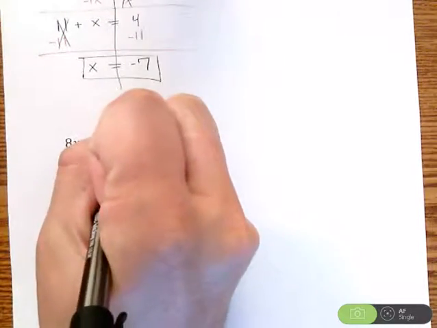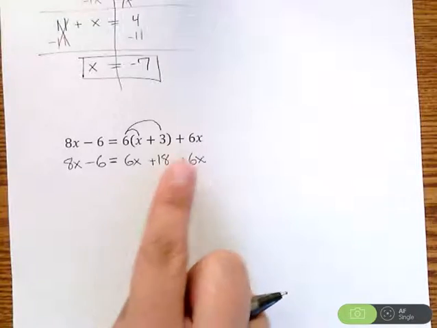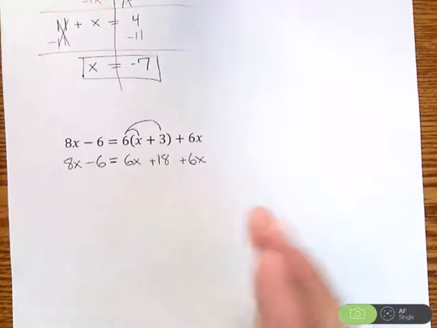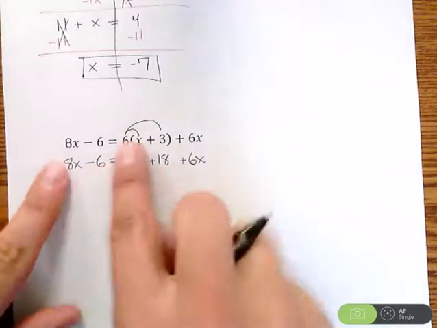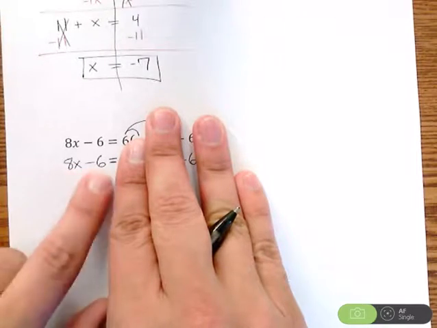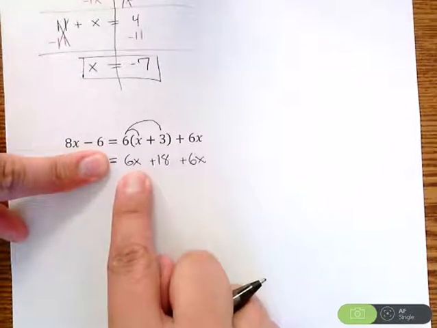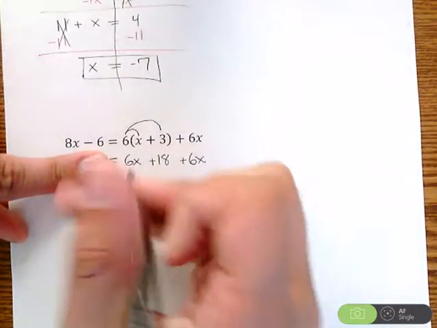Now, I distributed there, and I have x's all over the place, but before I start moving left and right, I want to condense all the x's on the left and condense all the x's on the right. On the left side, I just have an 8x minus 6. I cannot combine like terms here because the 6 doesn't have an x. But on the right side of the equal sign, I see a 6x plus 18 plus 6x.